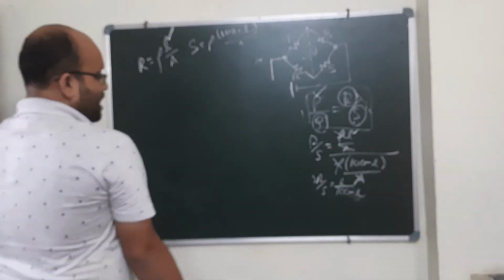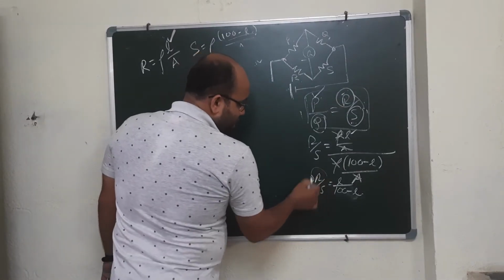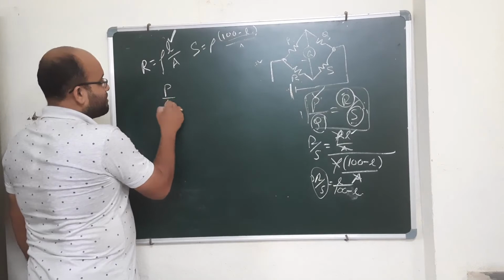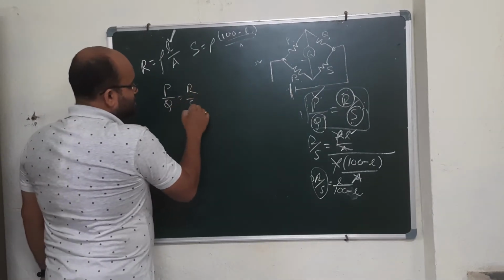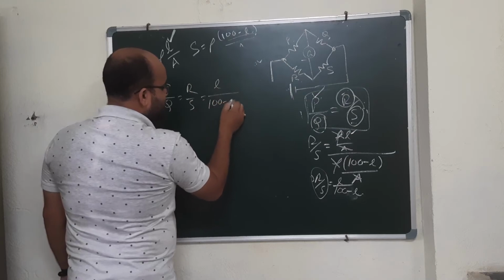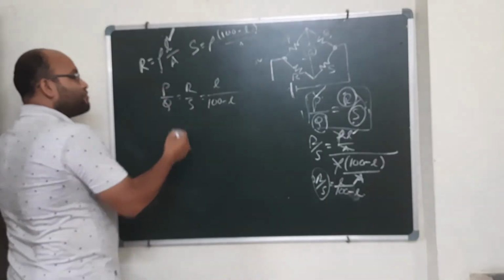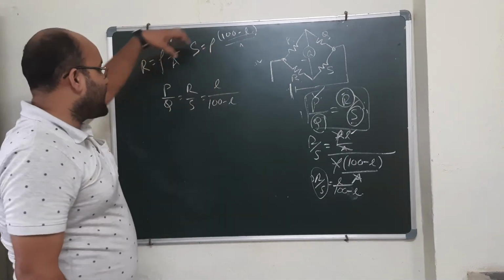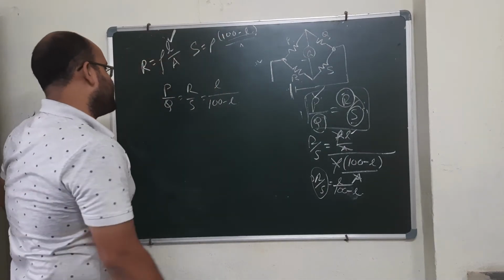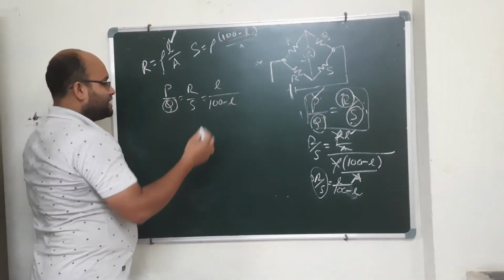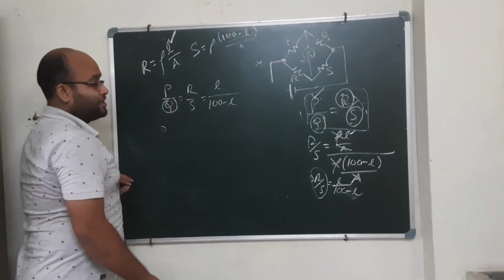So, as I was talking about, we have the ratio of R by S. Obviously, P by Q equals R by S. So R by S is equal to L by 100 minus L. Now, if any one of the top resistances, P and Q over here, is known, like we have considered Q to be known, then I can easily calculate the value of P from here.